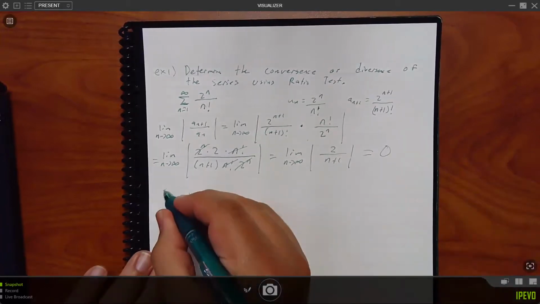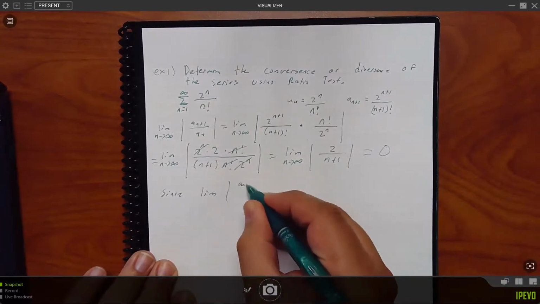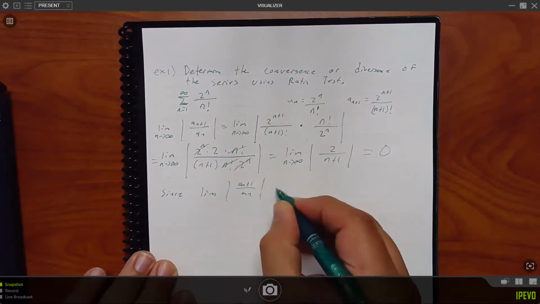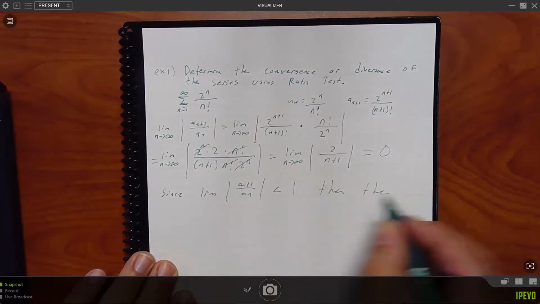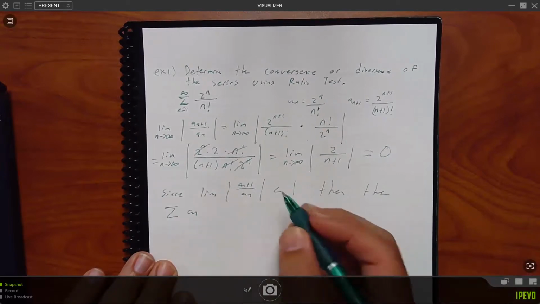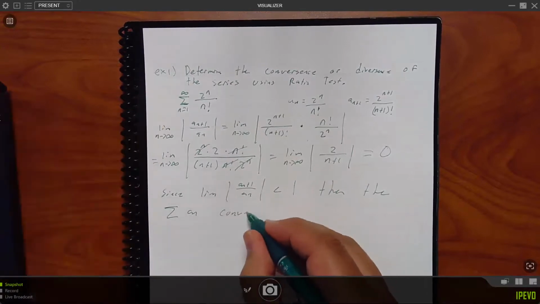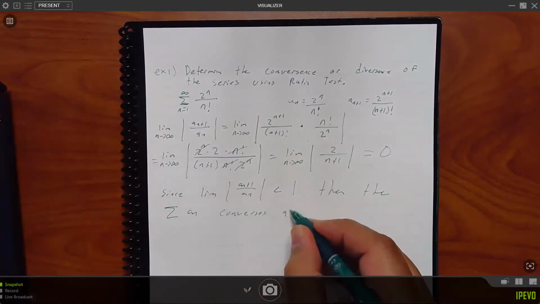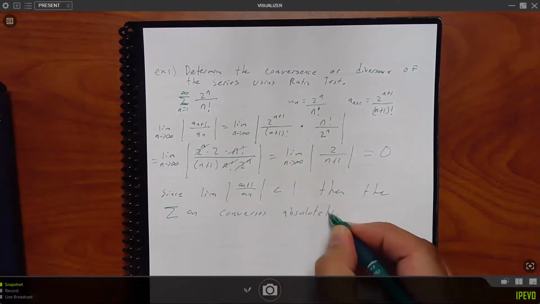So since the limit of a_{n+1} over a_n is less than 1, then the series of a_n, the original, this one, converges absolutely. That's it.